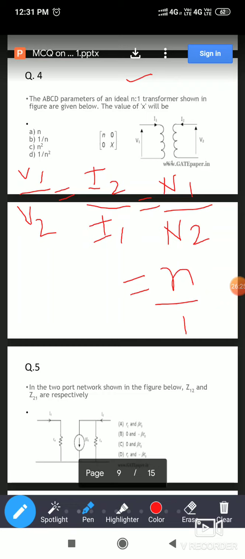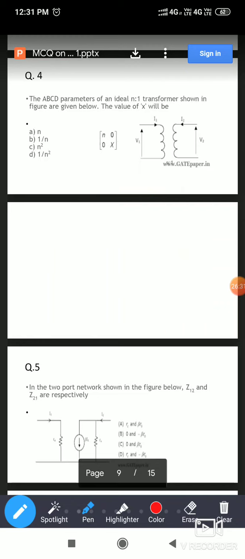Next, how to write the equations of the ABCD parameters. So the equations in ABCD parameters will be V1 is equal to A into V2 minus B into I2.